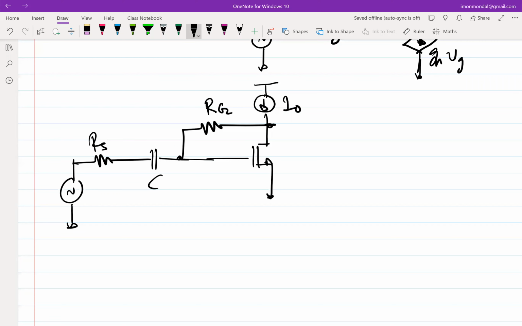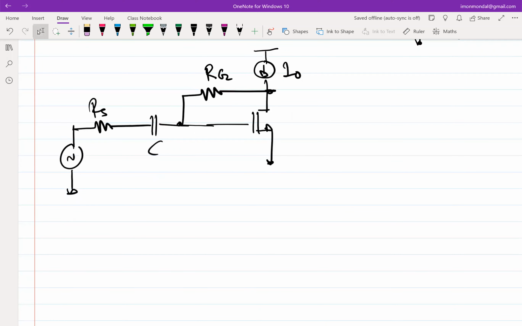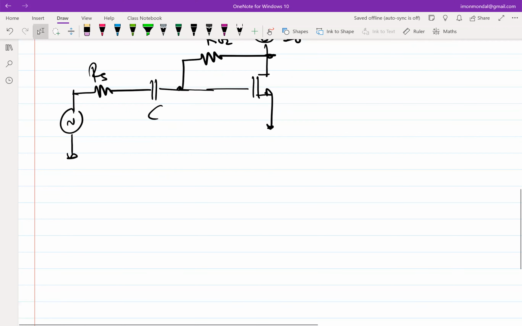Obviously, when you do the analysis, you say that RG is infinity, C is infinity, everything is infinity, but in real design, nothing is infinity. So you'll have to figure out the minimum range, maximum range, and so on. Which means we go back to our drawing boards, do our small signal analysis again, and try to figure out what's happening. So let's do the small signal analysis of this.